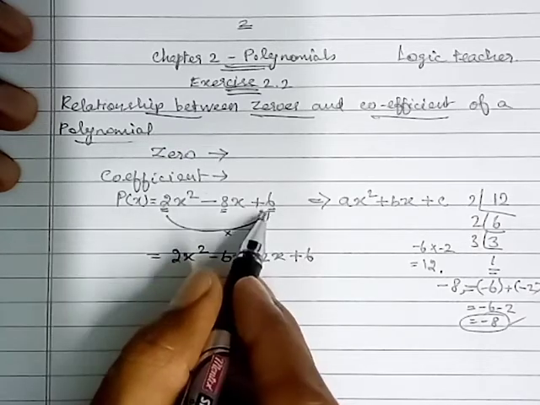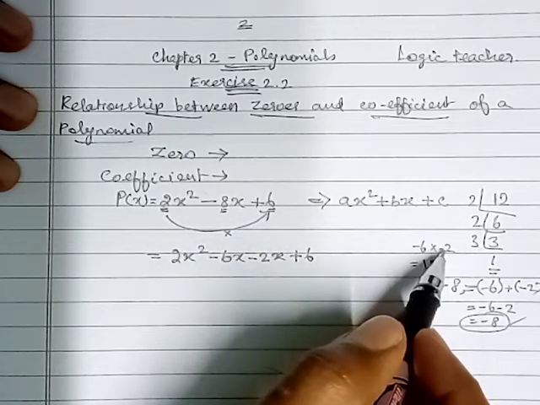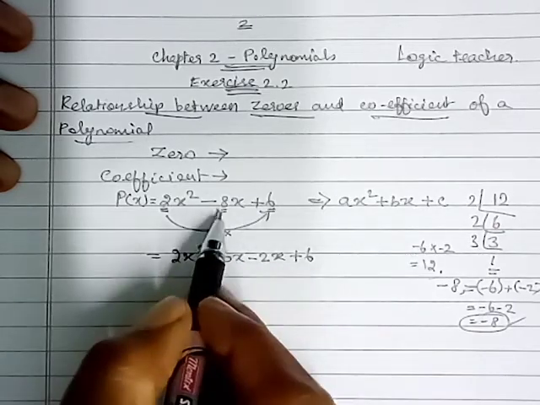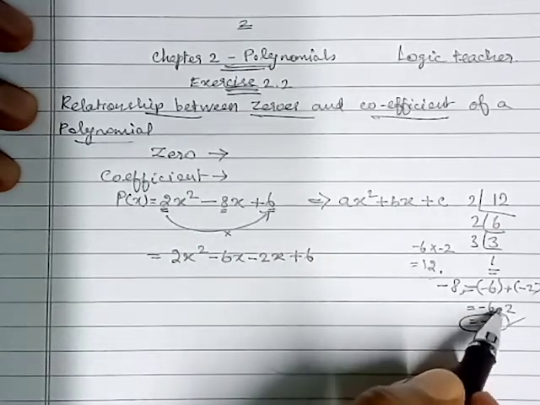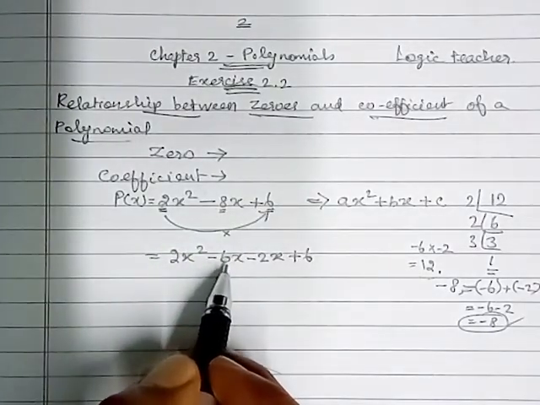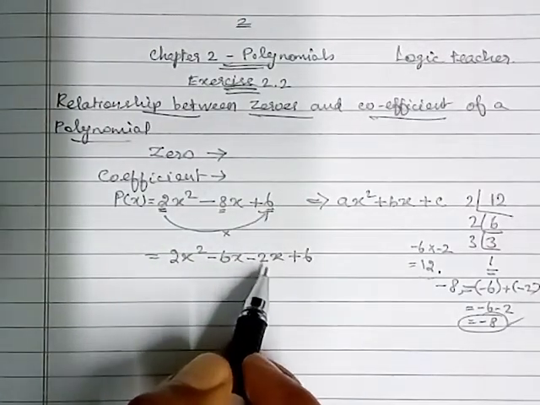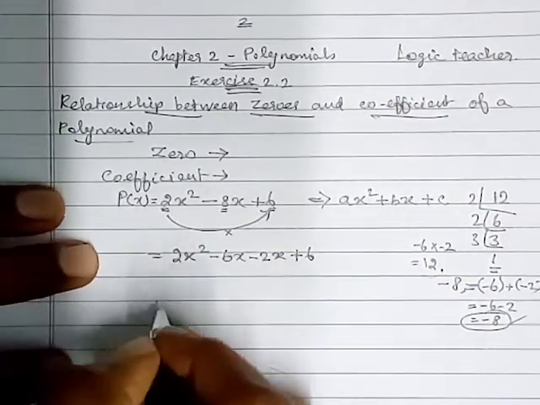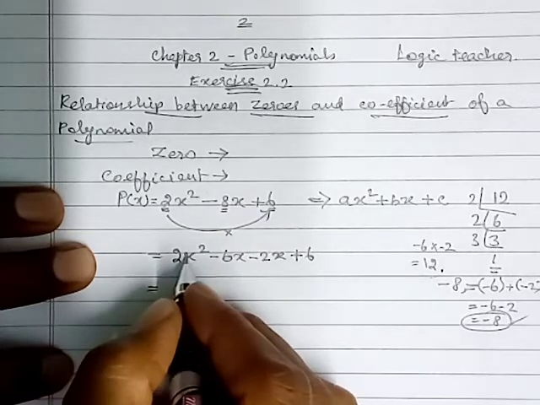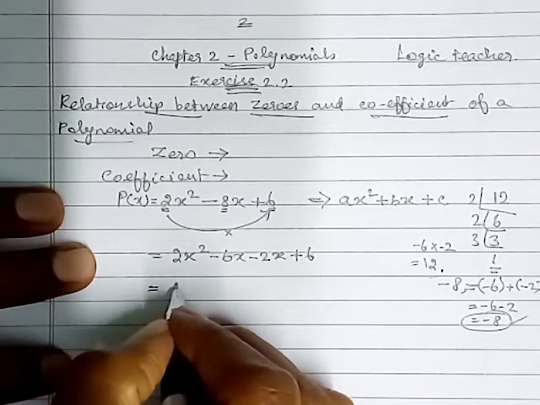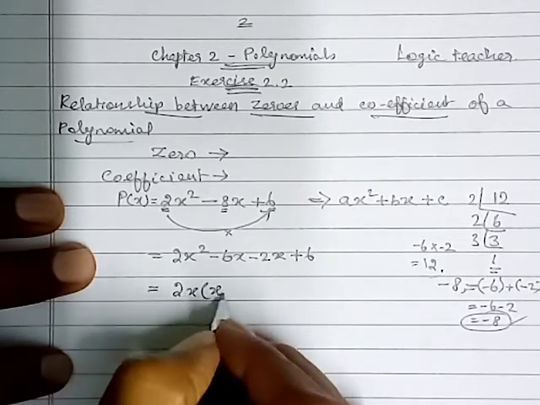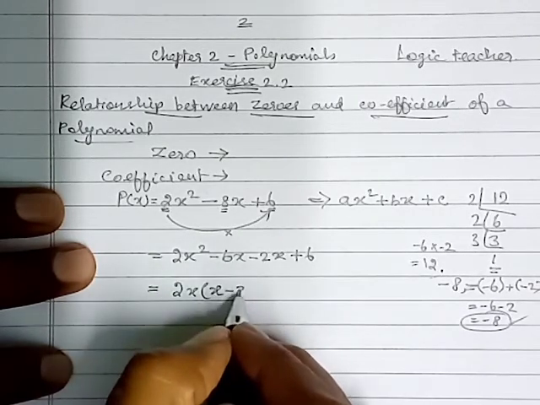If you split minus 8x into two terms, that is minus 6x minus 2x. Now in the next step, we can take 2x in common in the first two terms. The balance is x minus 3, right?